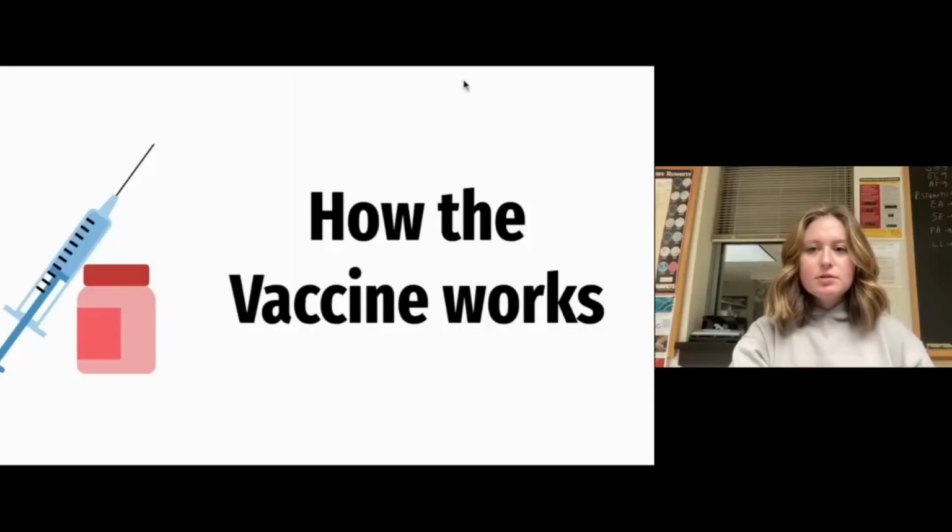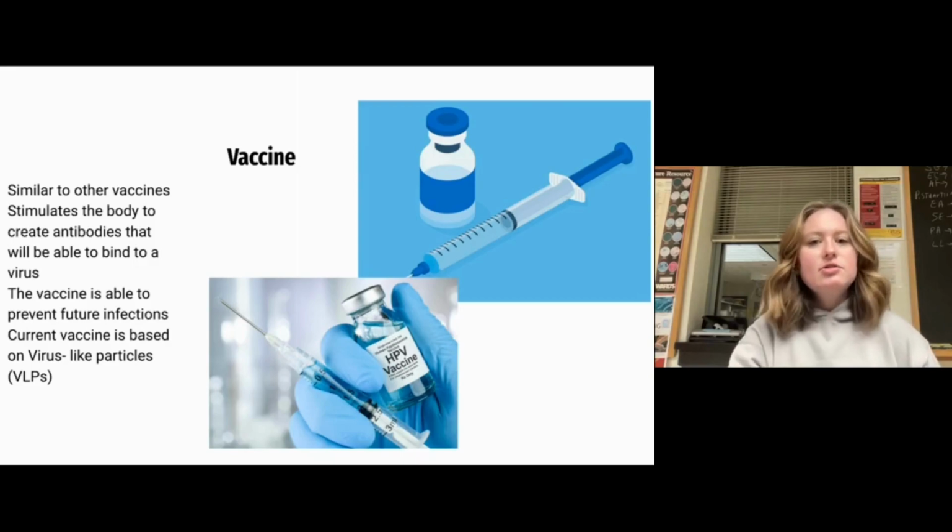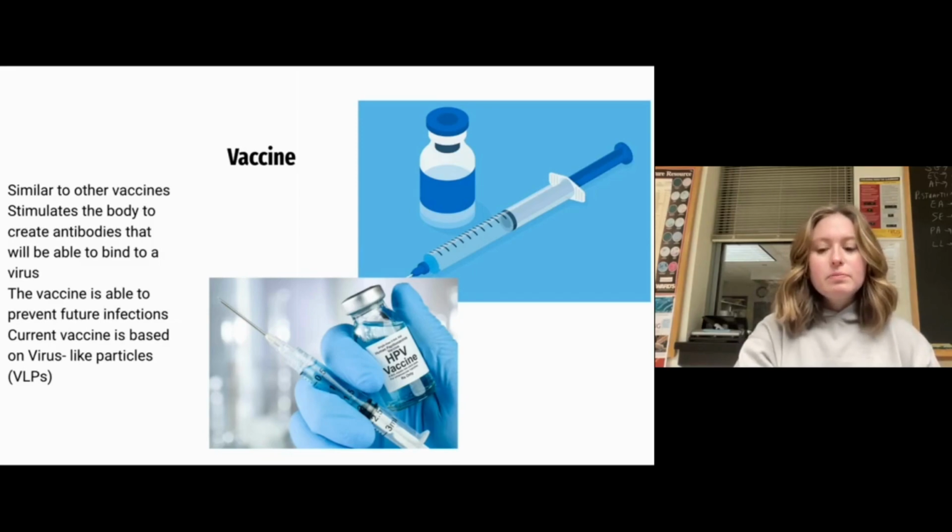How the vaccine works. The vaccine is similar to other vaccines. It stimulates the body to create antibodies that will be able to bind to the virus once it is in the body. The vaccine is able to prevent future infections, but it cannot get rid of current infections that are in the body. And the current vaccine is based on virus-like particles, or VLPs.